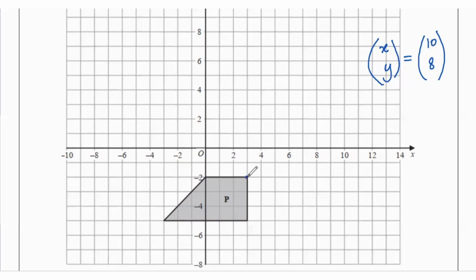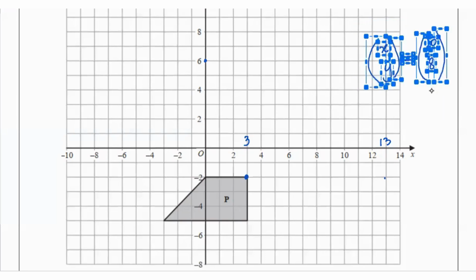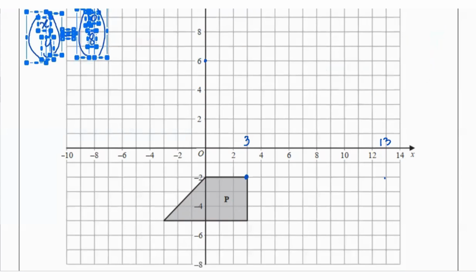So you pick a point on shape P and it moves 10 units to the right. So from 3, we go to 13 over here, and then 8 up. So from -2, we move to 6. So let me move this. So that's our first point. Then this point will be 3 blocks down.